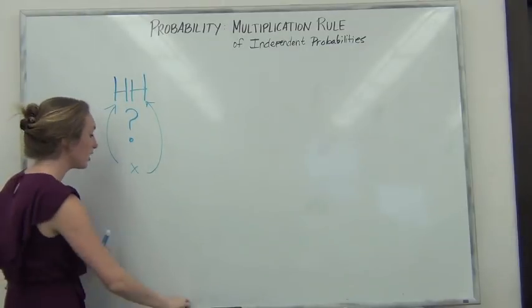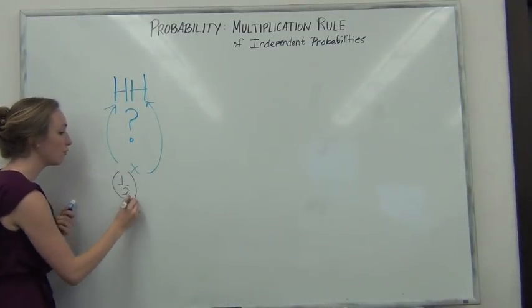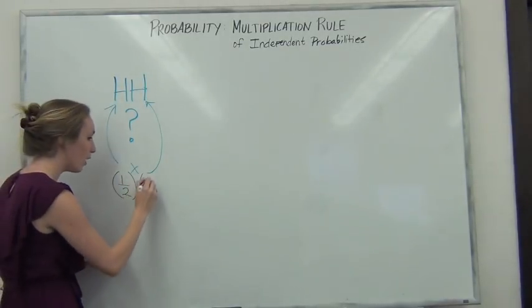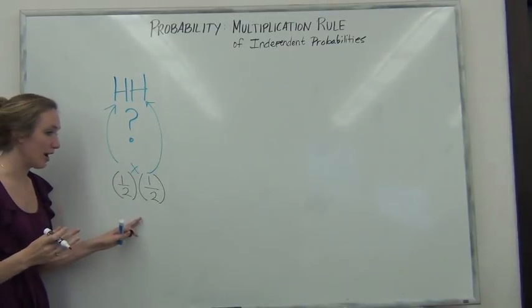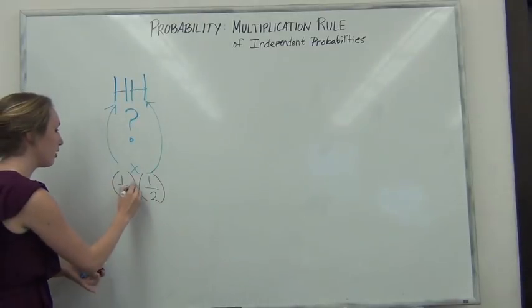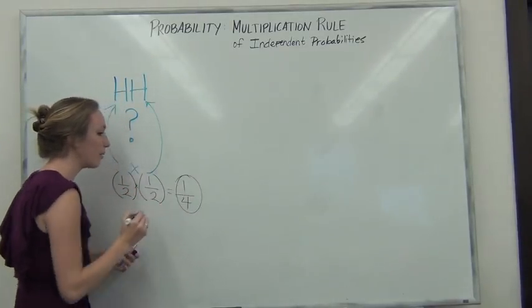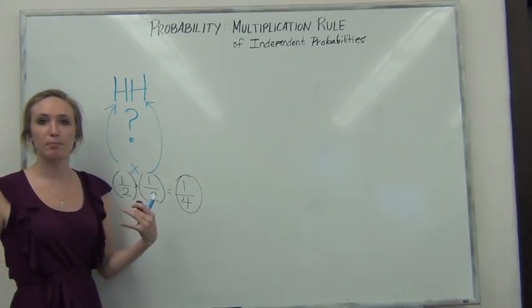In this case, we have a 1/2 chance of getting a head on the first flip, and a 1/2 chance of getting a head on the second flip, because there's always one head out of two sides. So we multiply those together and see that we have a 1 in 4 probability of flipping 2 heads. But how can I prove this to you?